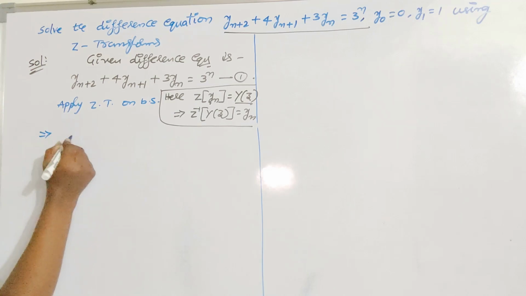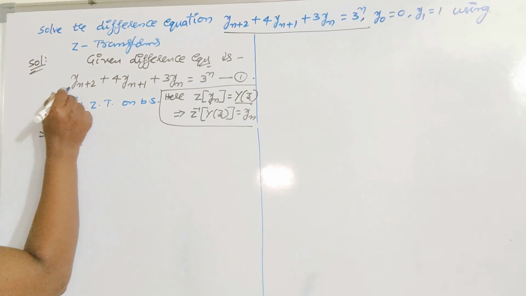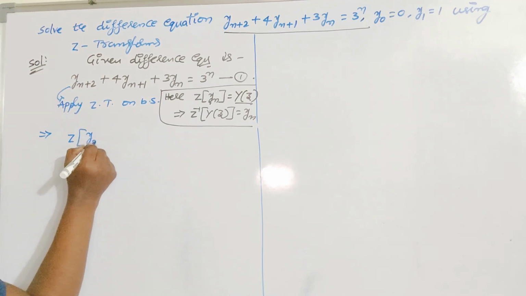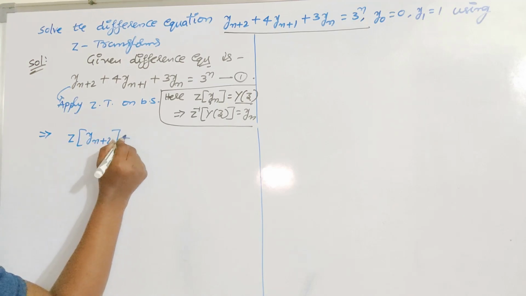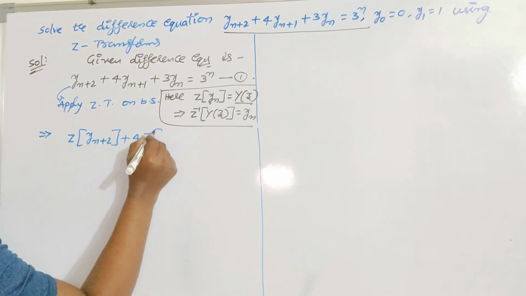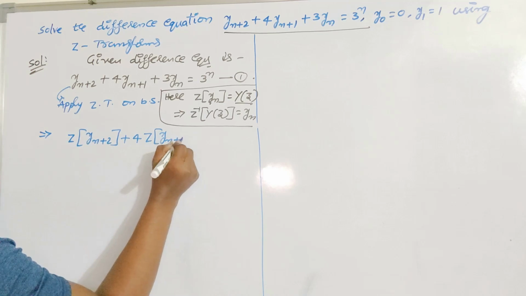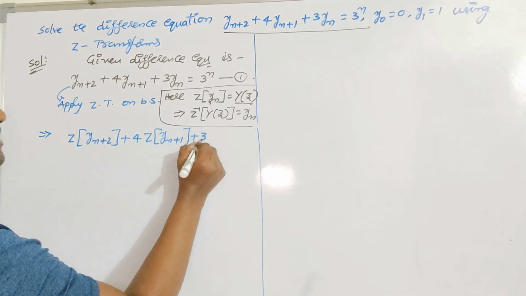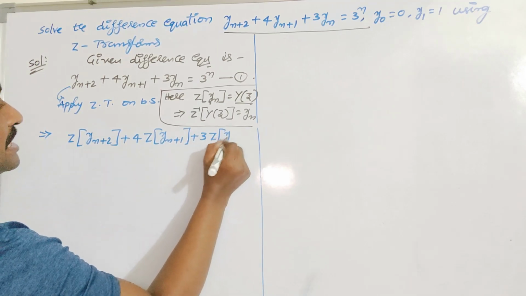So you will get Z transform of y(n+2) plus 4 into Z transform of y(n+1). Directly I am separating the terms by using the linear property of the Z transform.